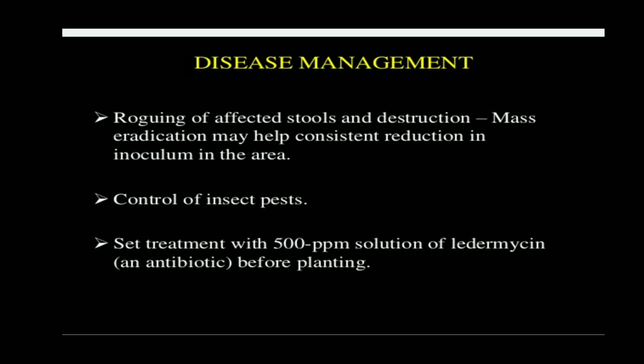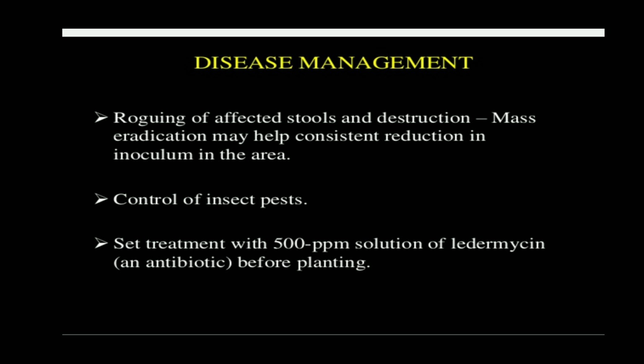Then set treatment with a 500 parts per million solution of lidermycin, an antibiotic, before planting. So before planting, what you have to do is treat either the seed or the crop part that you are going to use for cultivation with this antibiotic, lidermycin, at 500 ppm solution.